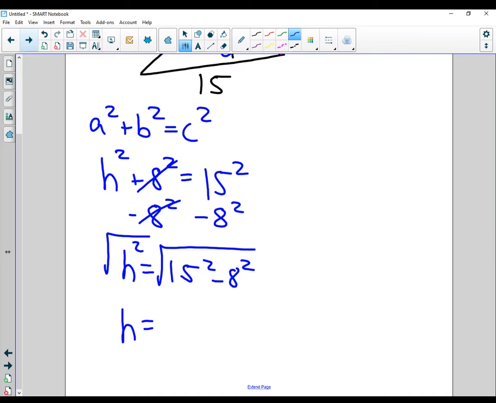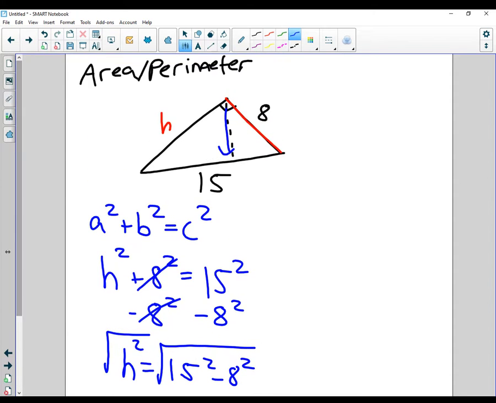And I'm going to get about 12.6886. So that means up here that my height is 12.6886.